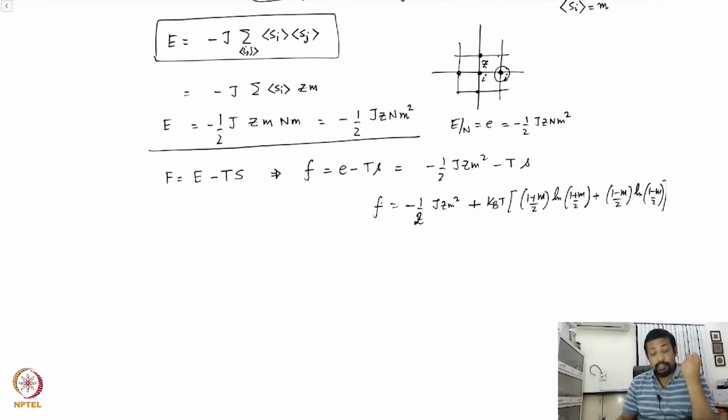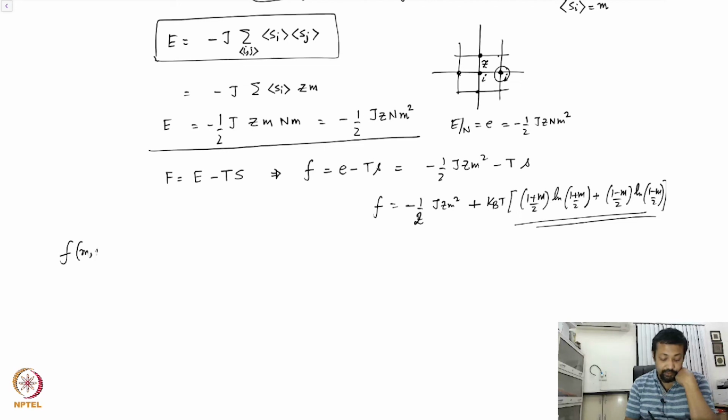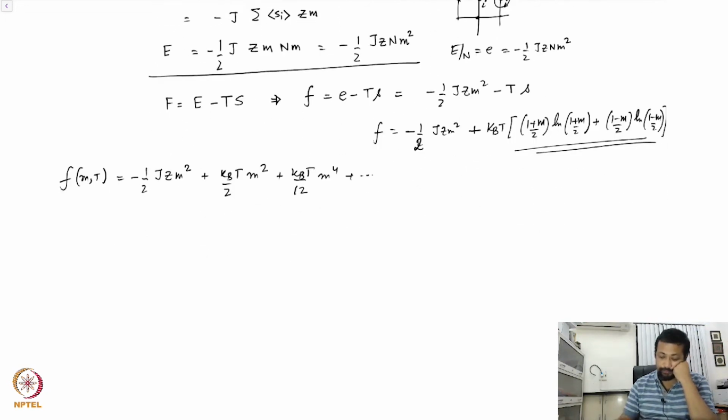If you are at sufficiently high temperature such that your magnetization is small enough, then I can expand this logarithm over here, and I can write F as a function of temperature as a power series. A little algebra, if you expand this, this is going to give you plus k_B T m squared, k_B T over 12 m to the fourth plus higher order terms, right?